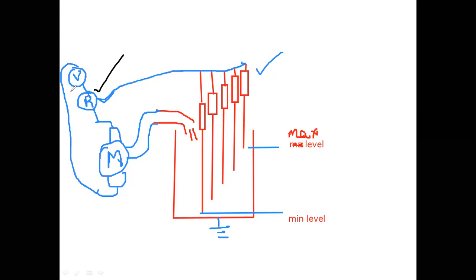So total current flows through the motor, and the motor will rotate with a high speed. Water is flowing into the tank, and now the water level has risen to this point.